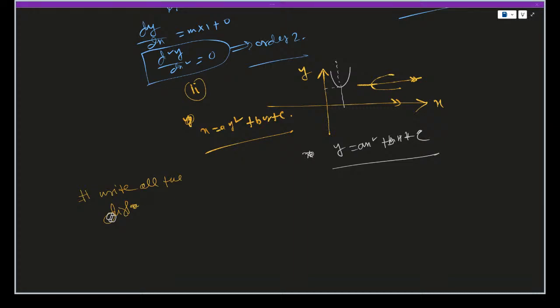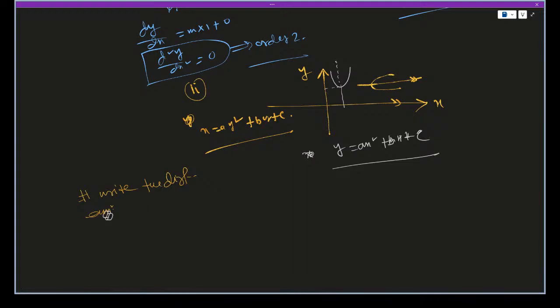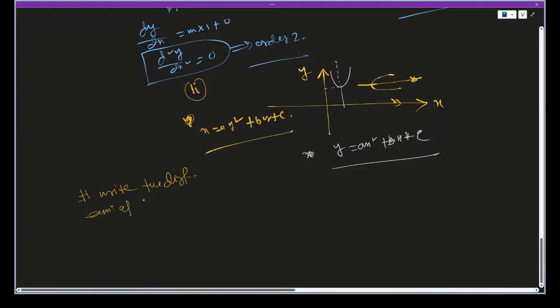Write the differential equation of all parabolas whose axes are parallel to the x-axis.